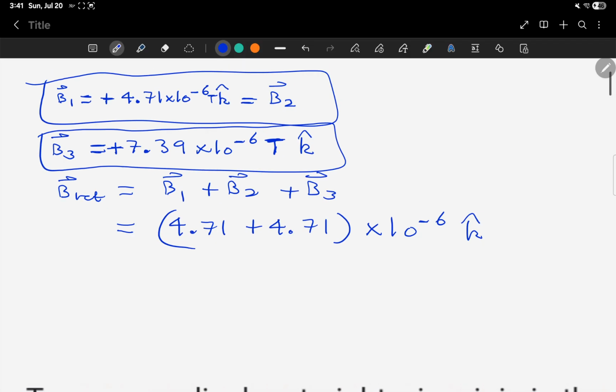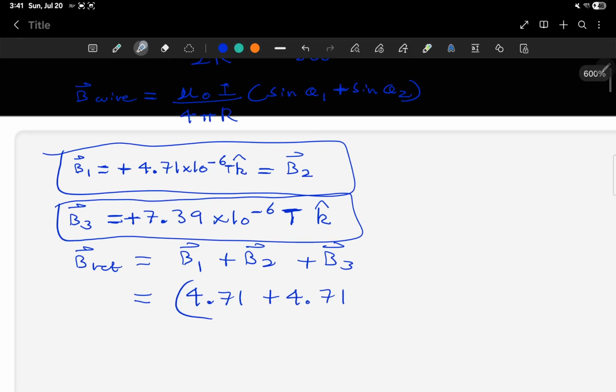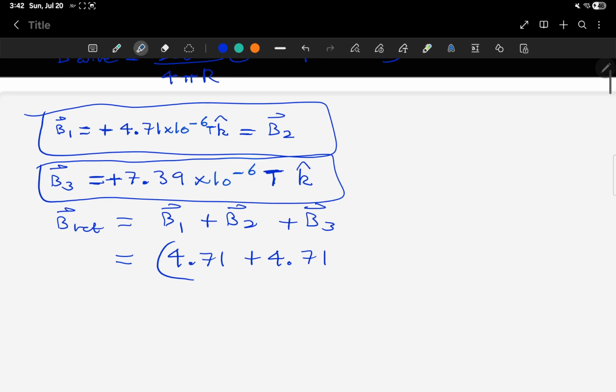So this is just a simple trick my teacher taught me. If you have the same exponent, you can just factor it out and it makes your addition so much easier.